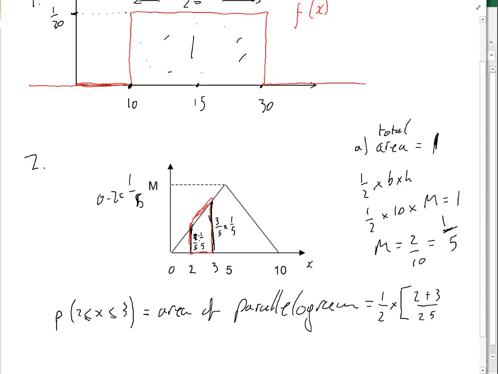That's the average height, multiplied by the distance between them, which is 1. So this comes to 5, so it cancels out again. 5 over 5 is a fifth, so a half of a fifth is a tenth. So there's a 1 in 10 chance of it coming in this area here.